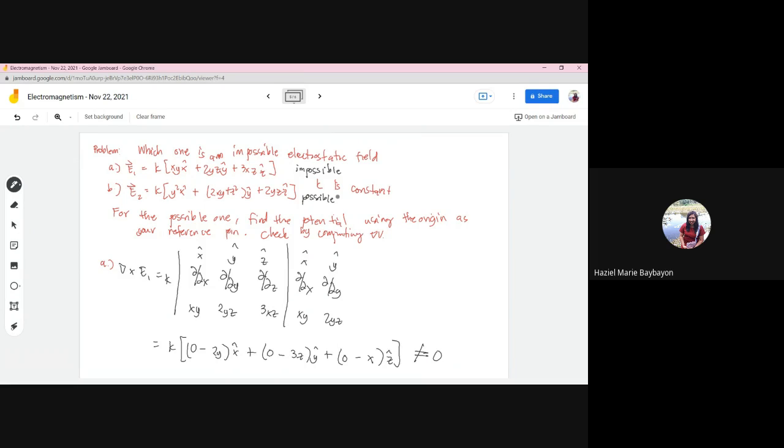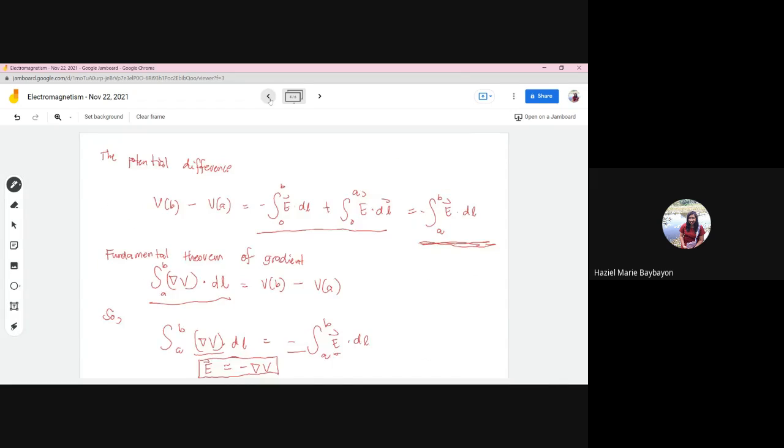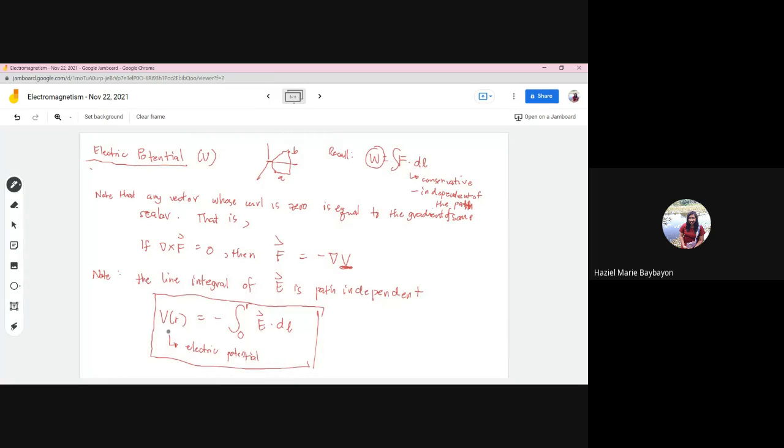After this, for the possible one, find the potential using the origin as your reference point. For this, we get the line integral. In order to get the potential, we need to integrate. So this is the equation we will use: V of r is equal to the negative integral of E dot dl.